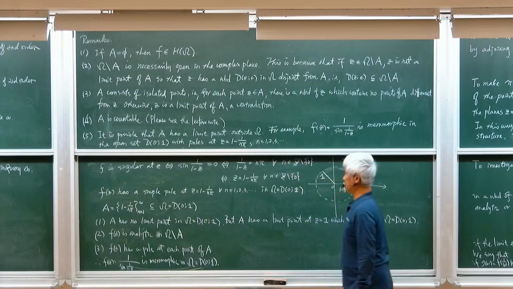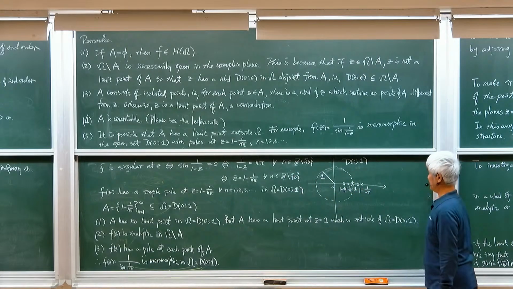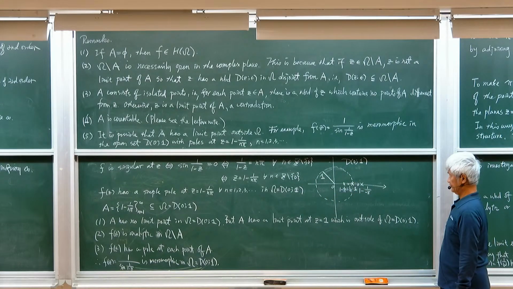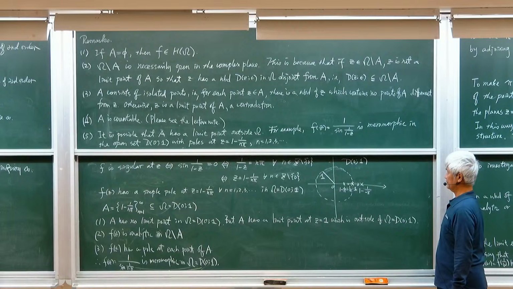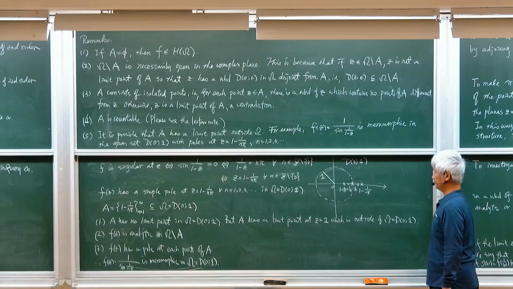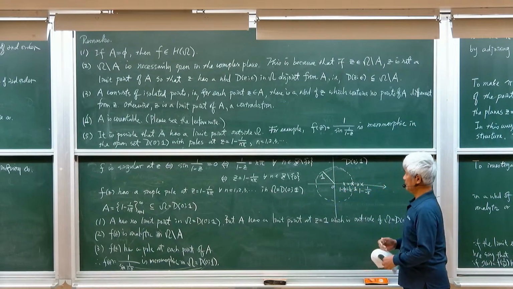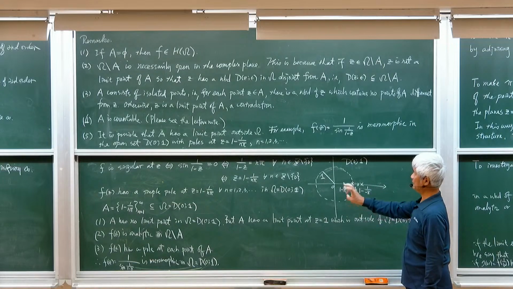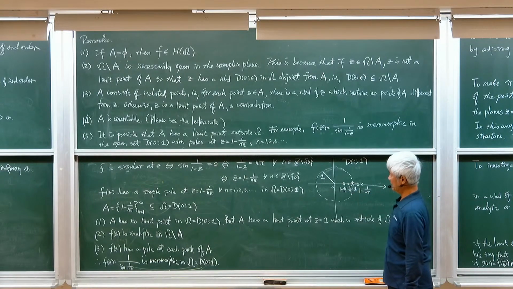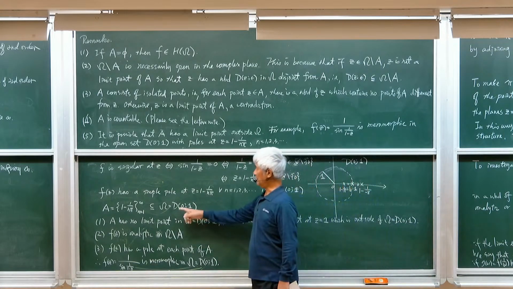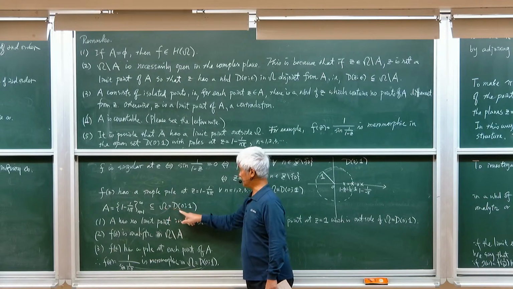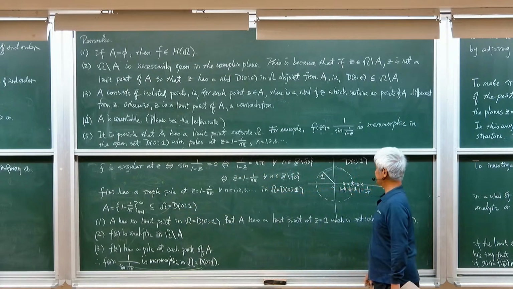We say that it's meromorphic there, and this is because we just restrict ourselves to the omega, which is just the open disk.